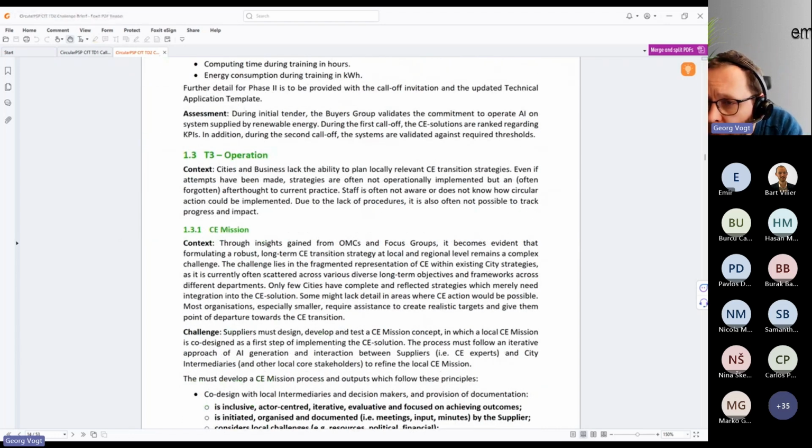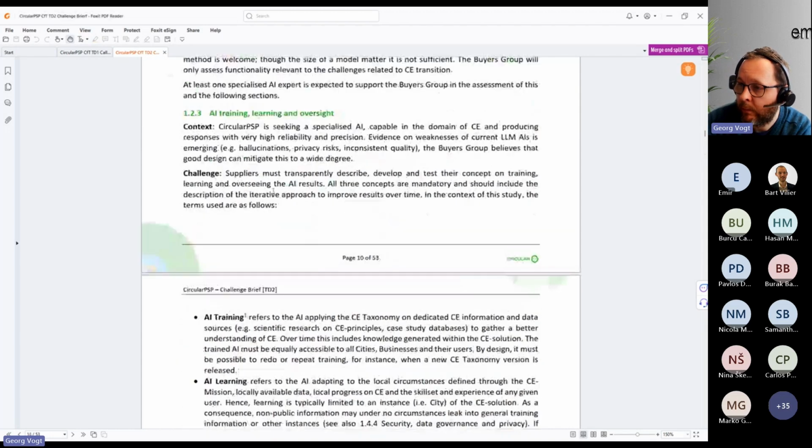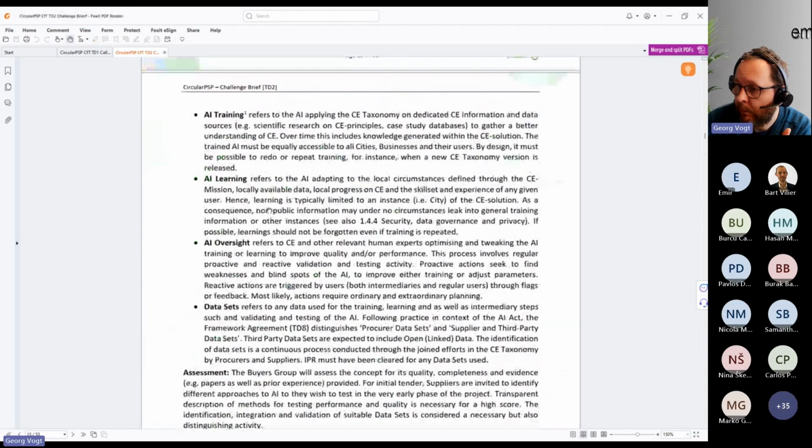There was a question. Is there or will be a predefined proposed AI use cases for the interactions? No. I mean, there are a few implied here. Case study search is one.